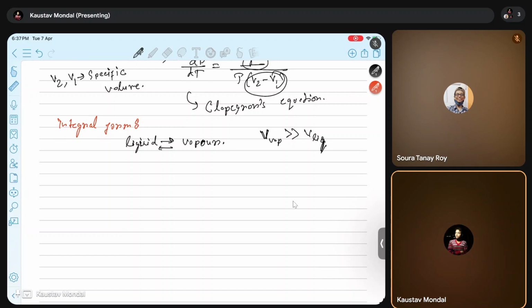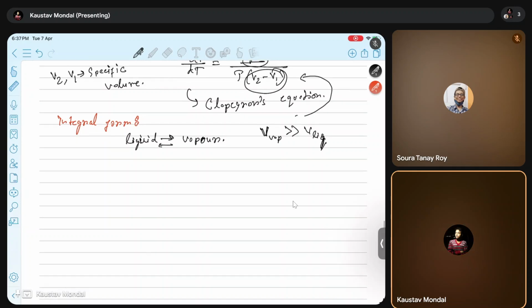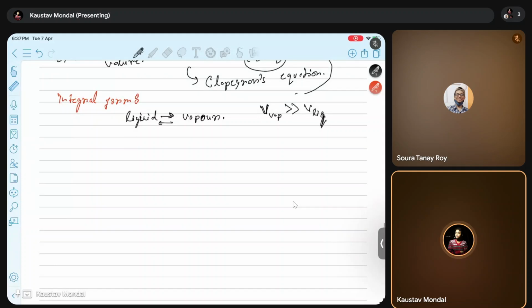Now if you put this condition in the Clapeyron's equation, the equation becomes: dP by dT equals L by T into V vapor, since V liquid is much smaller, so you can ignore that.